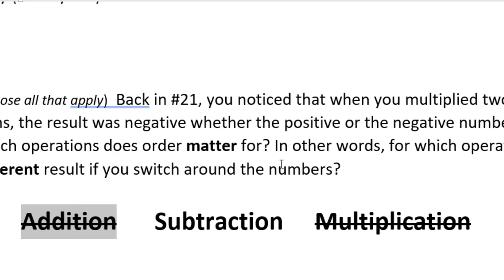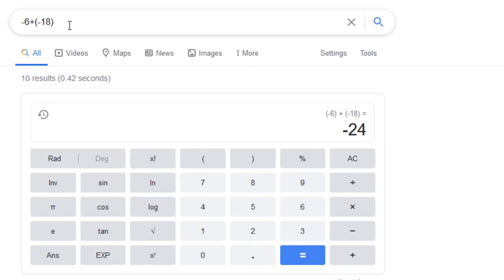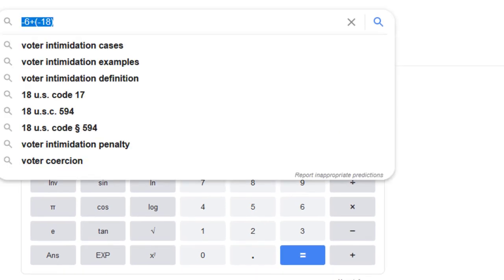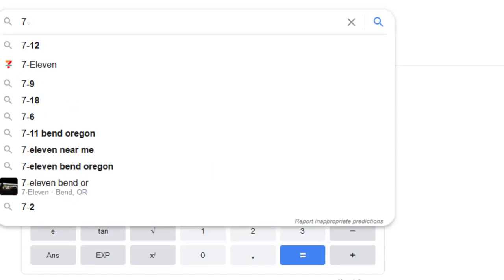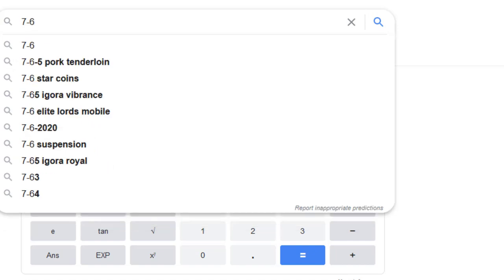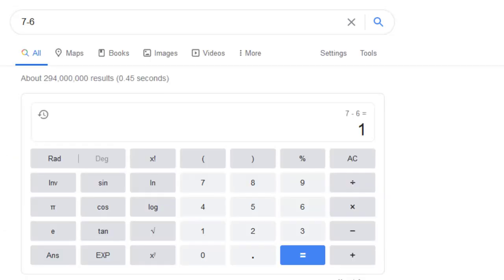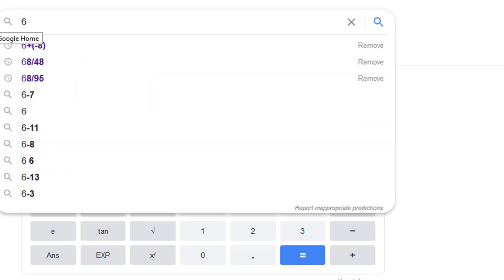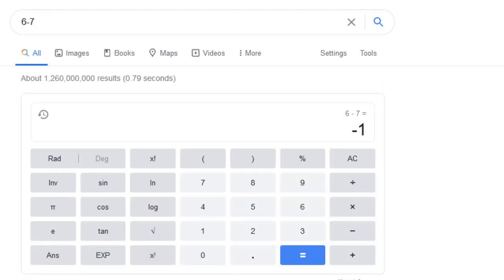How about subtraction and division? Let's go back and look at that. Let's subtract some numbers. 7 minus 6 is 1. How about 6 minus 7? Ooh, 6 minus 7 is negative 1.